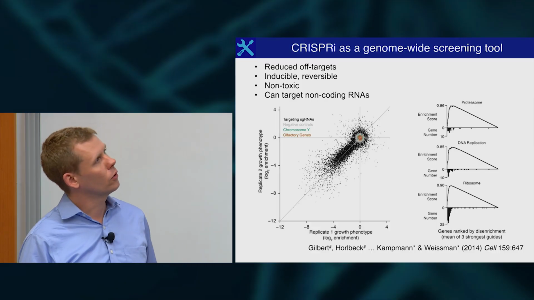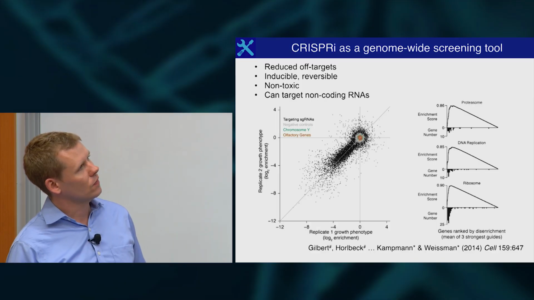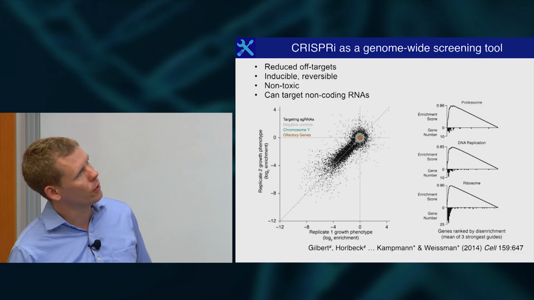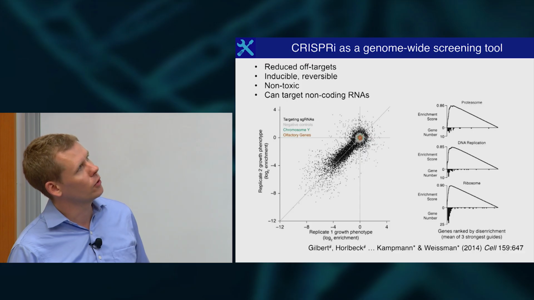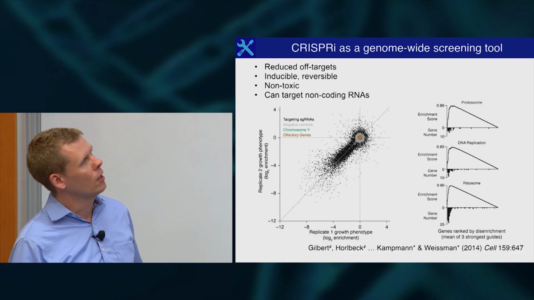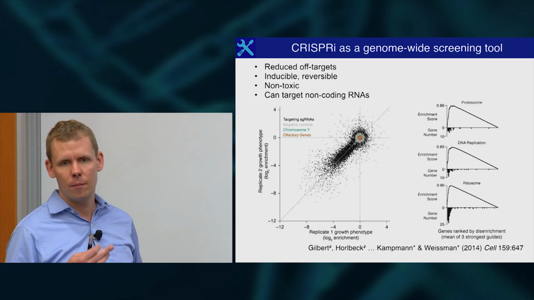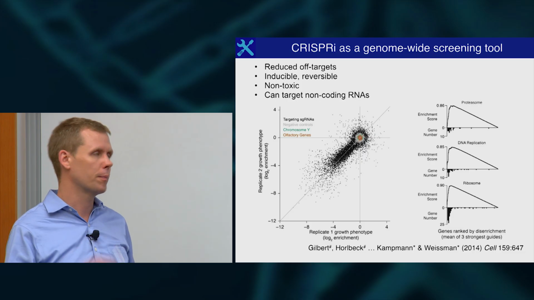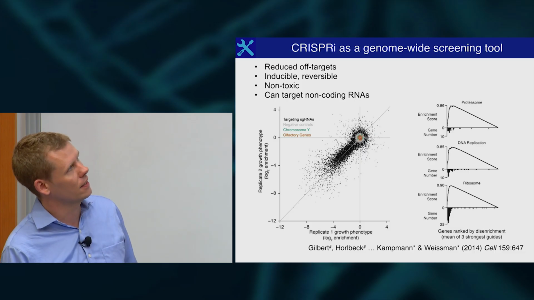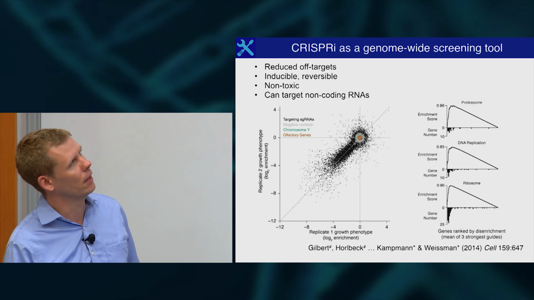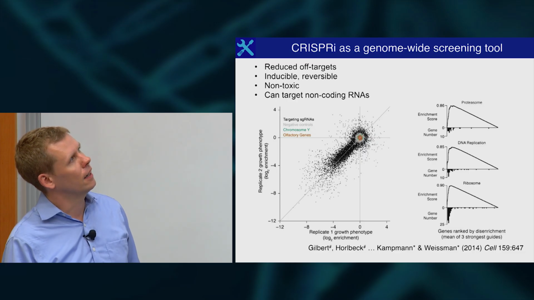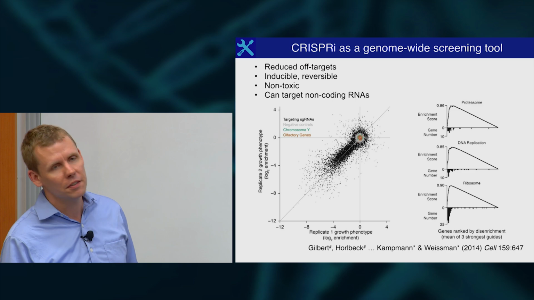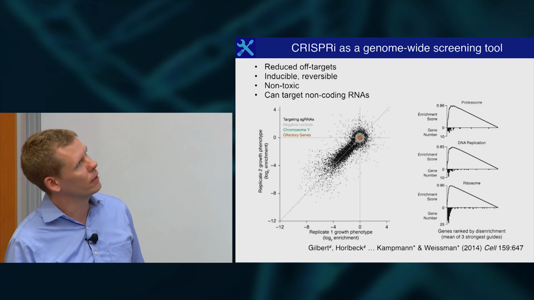It seems to be also quite sensitive, in that if we look at genes encoding subunits, for example, of the proteasome, the ribosome, or involved in DNA replication, which we would expect to be essential for growth, we expect those guide RNAs targeting these components to drop out over time, over the population. Here, this is a plot by the so-called GC method that we'll talk about tomorrow at the workshop.